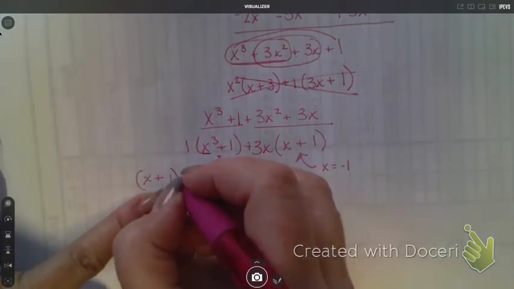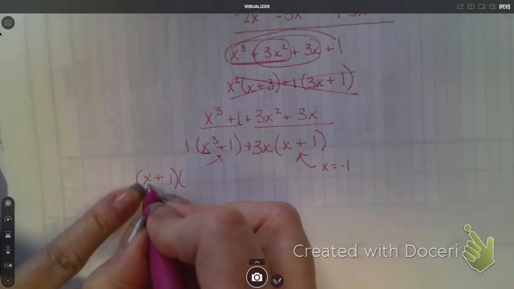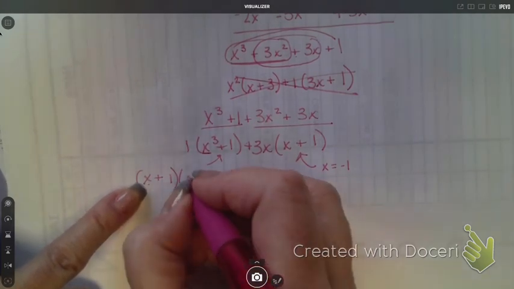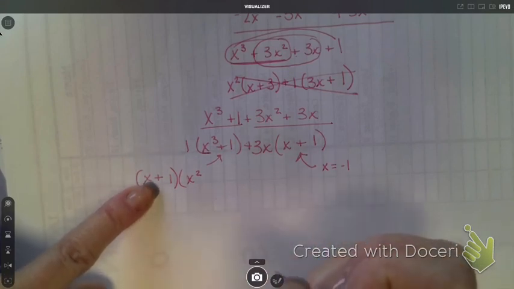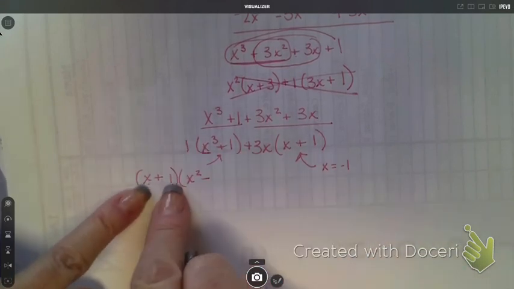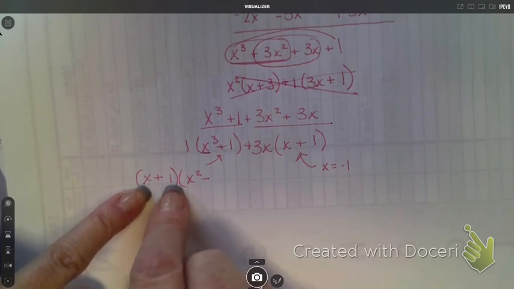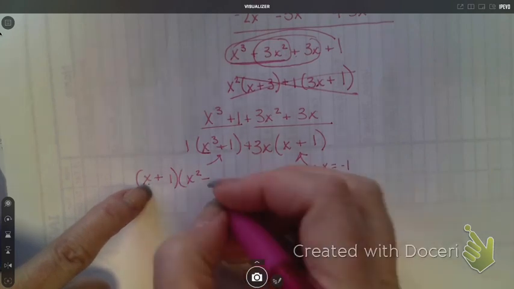Okay, so now you square the first thing. What's x squared? X squared, right? Opposite sign, minus. Multiply these two things together. 1 times x. What's x?